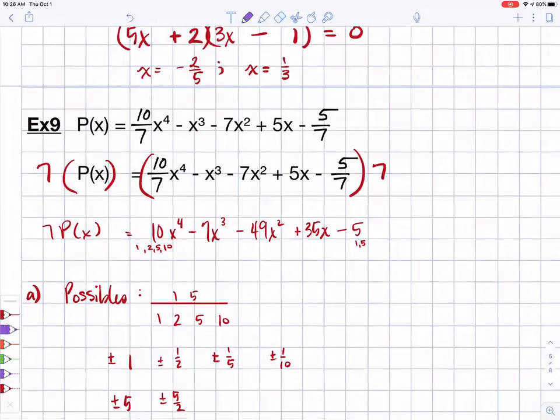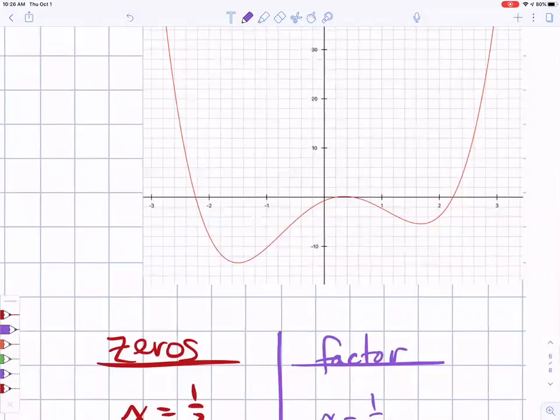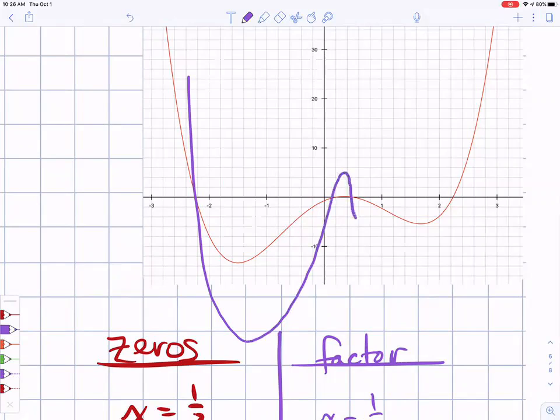Like I said, they're not the same graph, but they do have the same zeros, and that's ultimately what I'm looking for. The one with the 7 in front of it is stretched, a vertical stretch by 7. Honestly, I don't even know if the red one that's drawn is the stretched version or the original version, because I can't remember what I typed in. But let's say it's the original version. Oh, I missed that one.